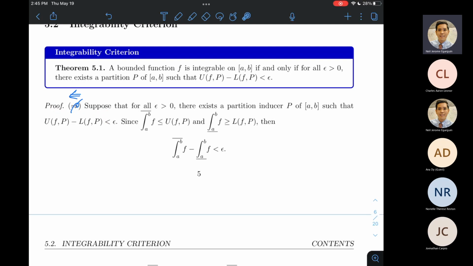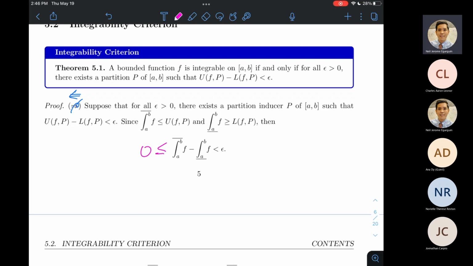So moreover, the difference between the two integrals will be less than epsilon. Okay? And then we can also use the fact that we have proven that the upper integral is always greater than or equal to the lower integral. So we can say that this guy is also greater than or equal to 0. Because the upper integral is always greater than the lower integral.